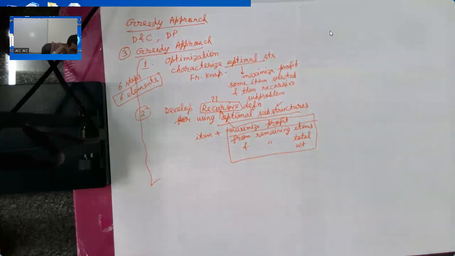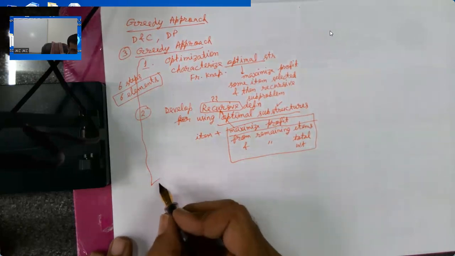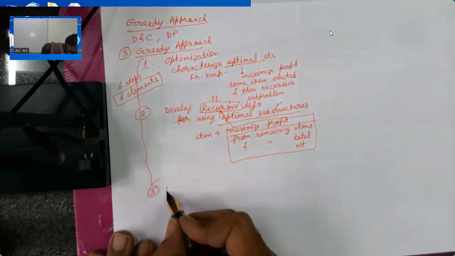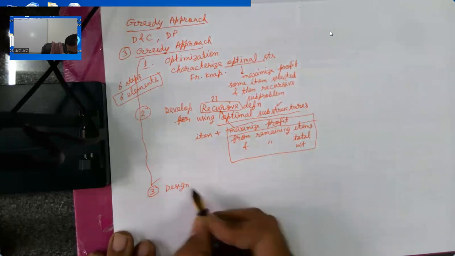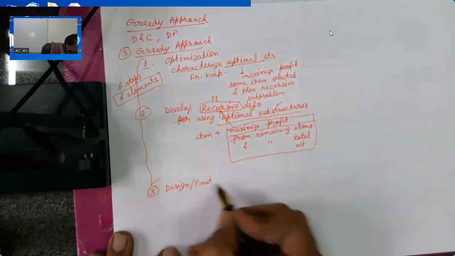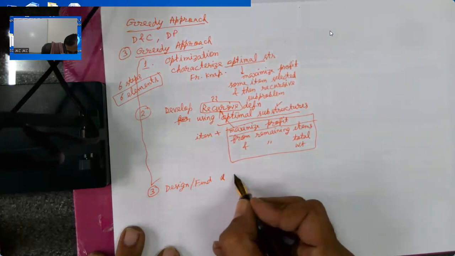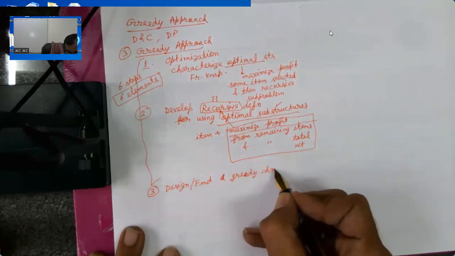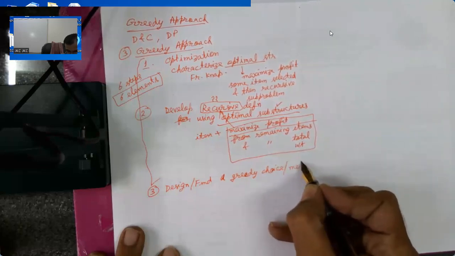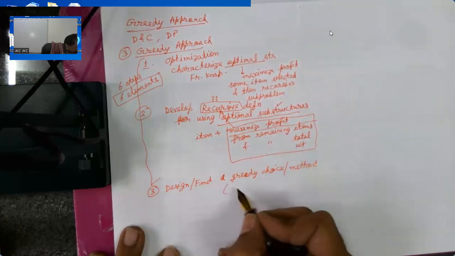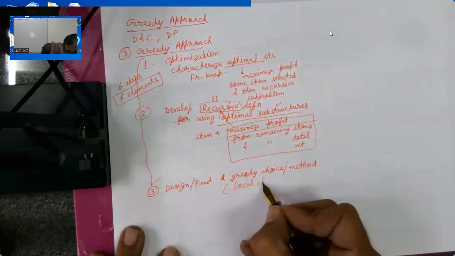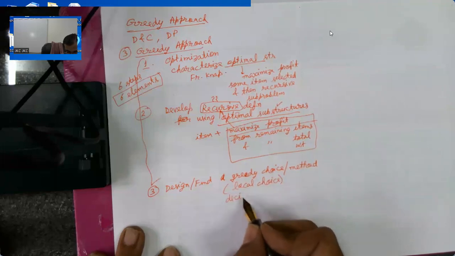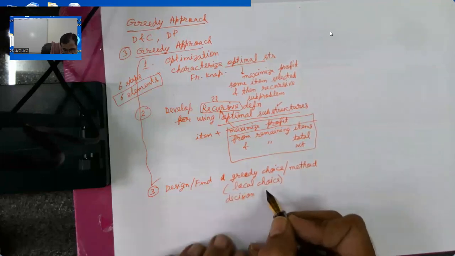Now, this was more or less being done in DP also. So the third step, or third element, becomes very important. You have to effectively design or find the greedy choice, a greedy approach or greedy method, through which you can make the local choice, through which you can make a decision without sub-problems.